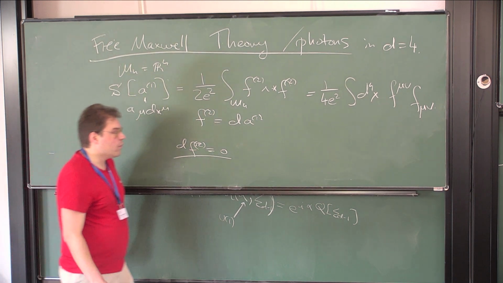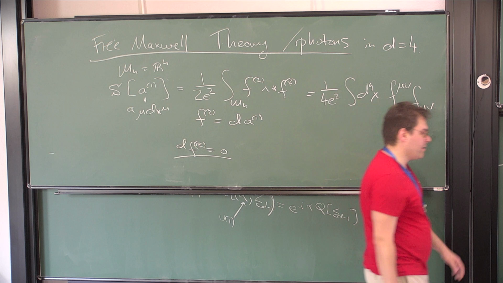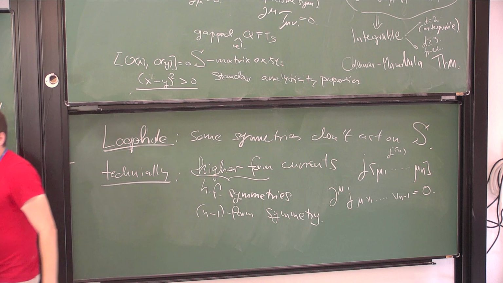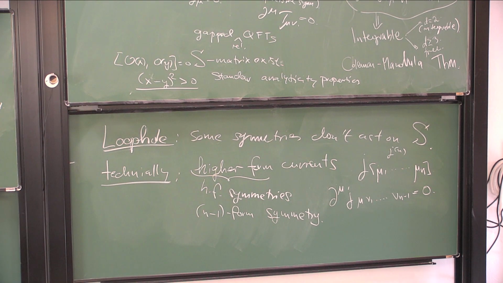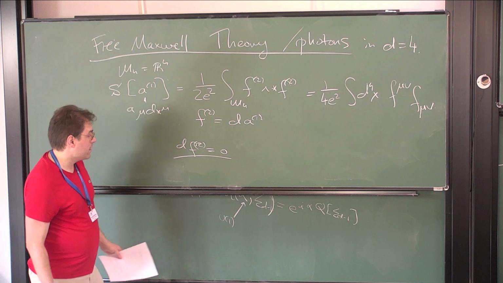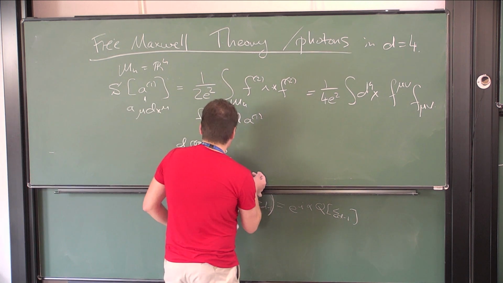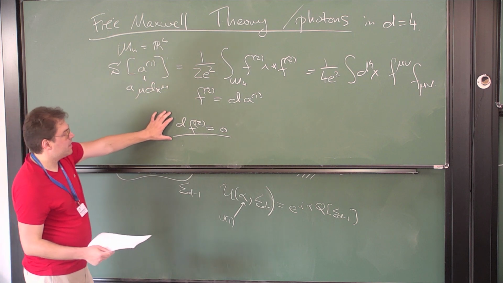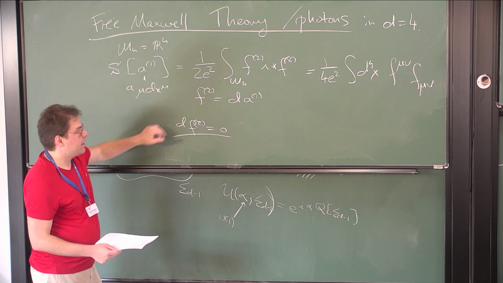And since F is a 2-form, we immediately get, with essentially 0 work, an example of something that should be thought of as a conserved current. Actually, this is a closed 2-form. If you want to build the associated conserved current, you can take the Hodge star. We'll do that in a second. So this just comes from the fact that F is dA.